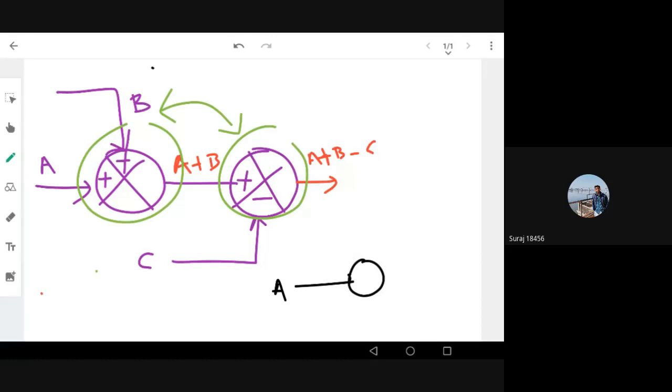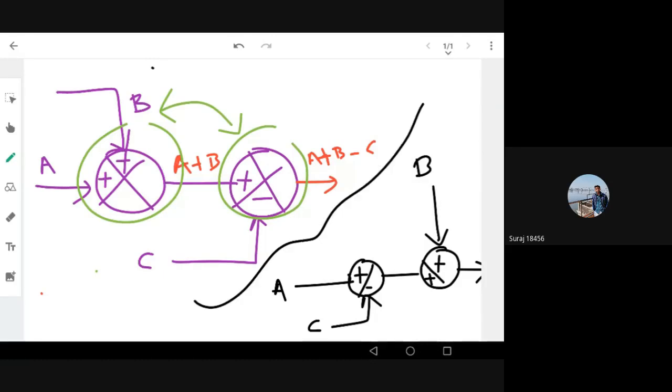Let me start with A minus C. So C is coming initially, now we have A minus C. Then we can add B. So everything remains the same. This is like a commutative law: A plus B minus C equals A minus C plus B. Both are the same, no difference. Nothing happens when you interchange the summing points.